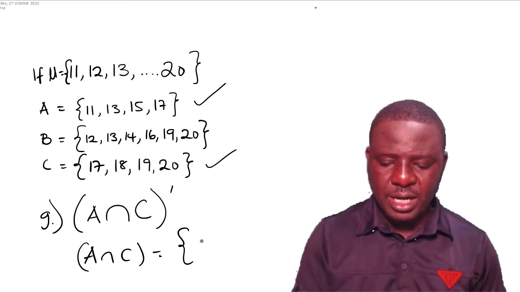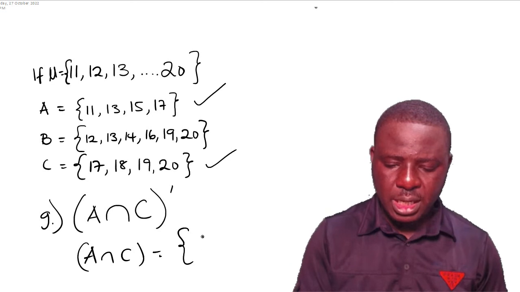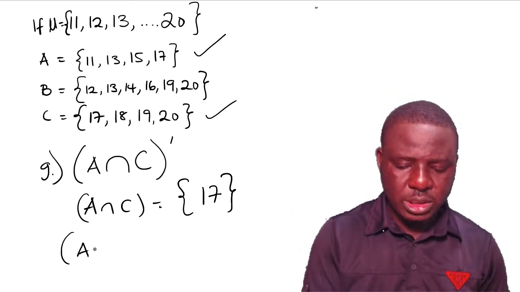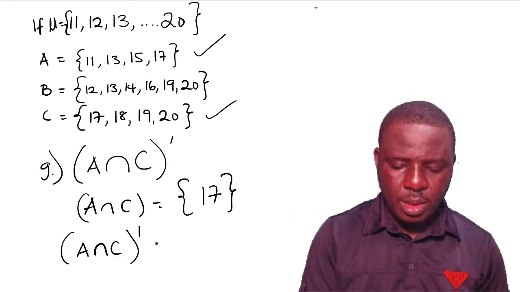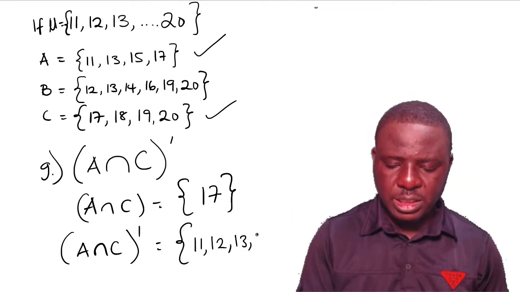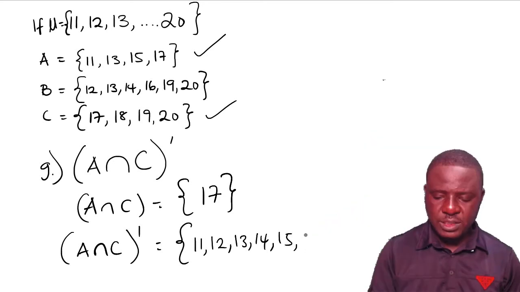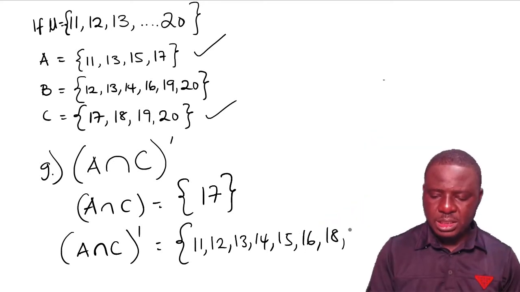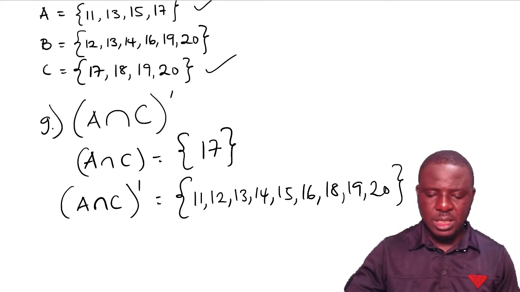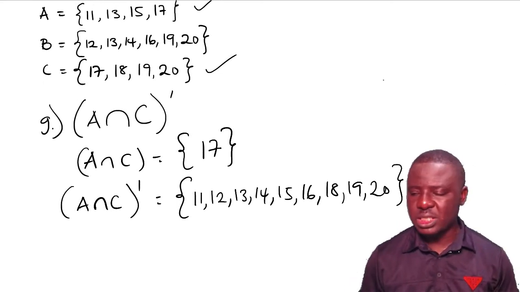Those elements you can find in both A and C, and 17 happens to be the only element in A and C. So (A intersection C) prime now gives you elements 11, 12, 13, 14, 15, 16, 18, 19, and 20. So these are the elements you can find in the universal set and not in A intersection C.